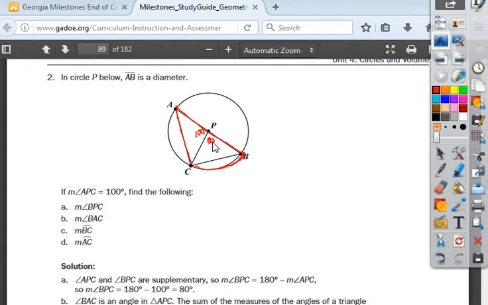Central matches the outside. So if this is 80 on the outside, how much is this inscribed angle in here? 40. That one's going to be 40. How much is AC right here? 100. It's got to match the inside for the central.